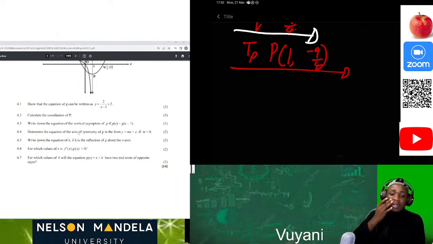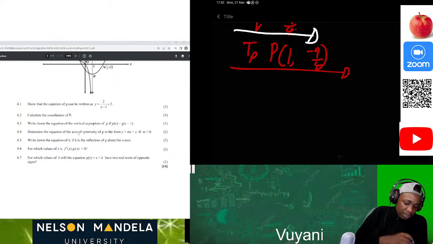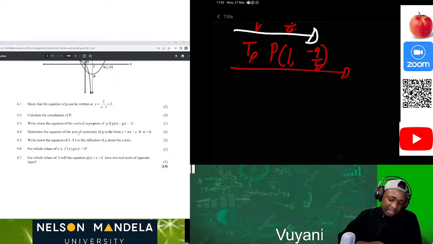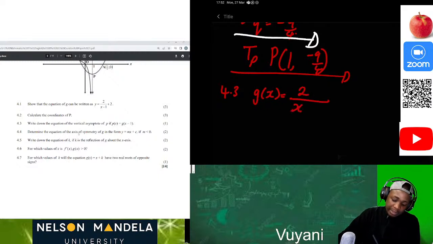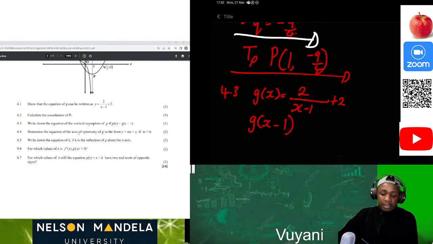Let's proceed. Write down the equation of the vertical asymptote of p if p of x is now g of x minus 1. So what will be our value there? This is easy, guys, because now we're on 4.3. Initially, g of x is equal to 2 over x minus 1 plus 2. Now it has been horizontally shifted with 1 unit to the right.